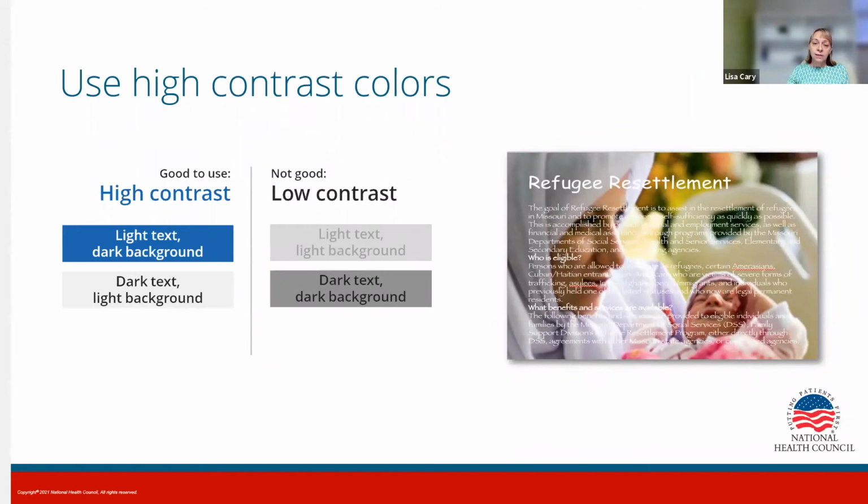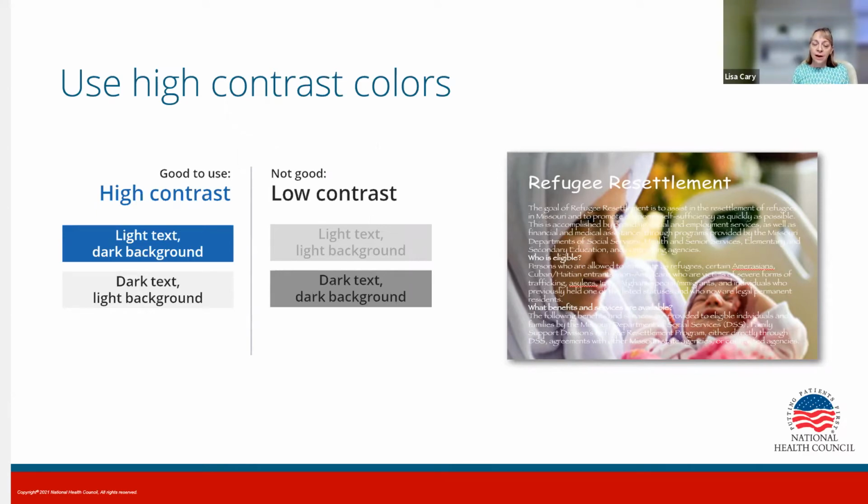Using high contrast colors is good. You can see on the left there's dark blue with white on it, or dark text on a light background. Those are good. The ones that are not good, low contrast, light text on a light background or dark text on a dark background, it's just so much harder for people to read your content, and your message is not going to get across.